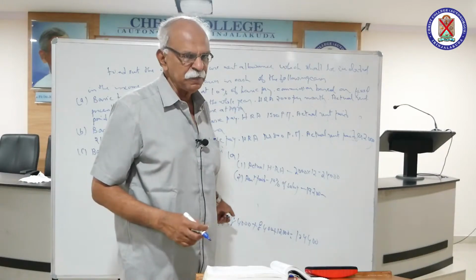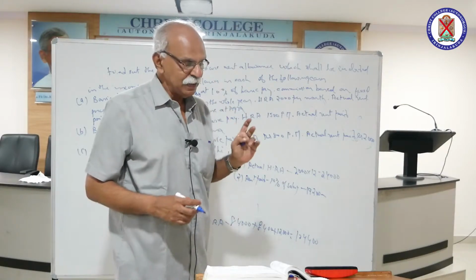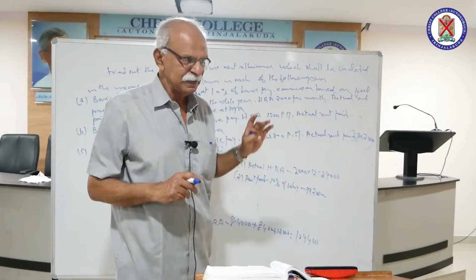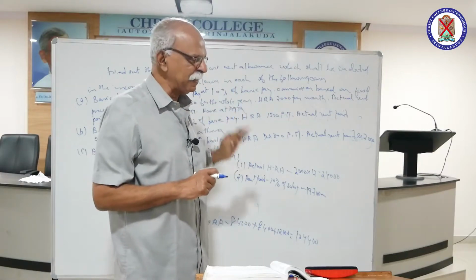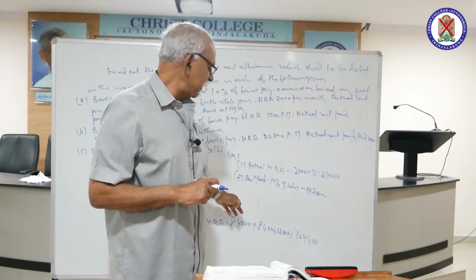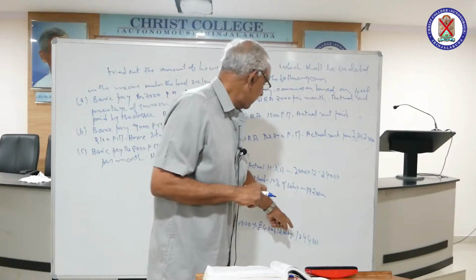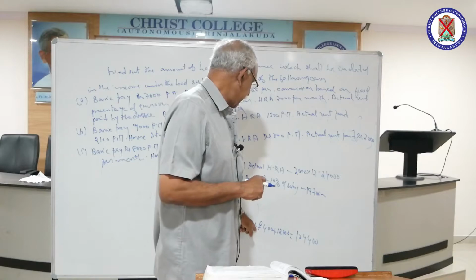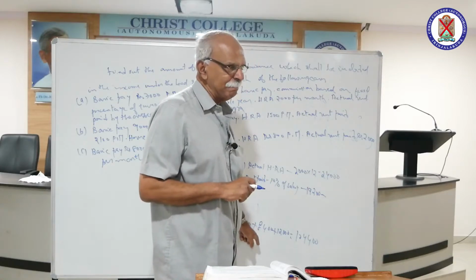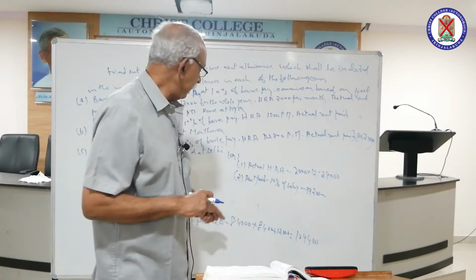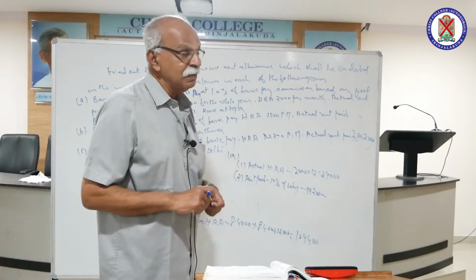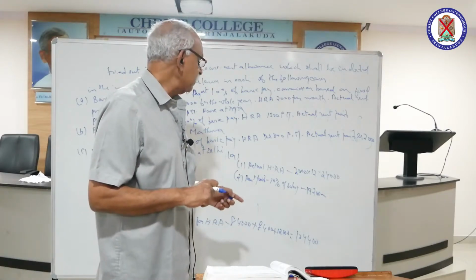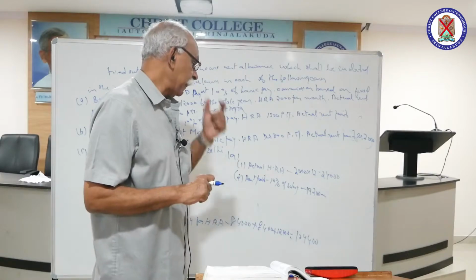Salary for the purpose of HRA is basic pay plus dearness pay plus commission based on fixed percentage of turnover. That is 84,000 plus 8,400, 10% of basic pay, plus commission 12,000. So it comes to 1,04,400.